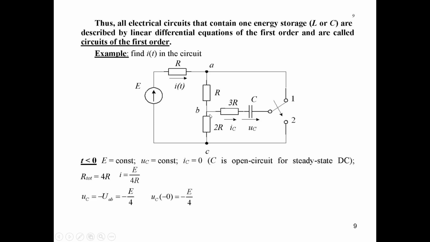You see, the current here equals E over 4R, so we multiply this current by R, and it will be the voltage drop here: minus E over 4. Therefore, UC(0 minus) equals minus E over 4. It's the initial voltage drop.